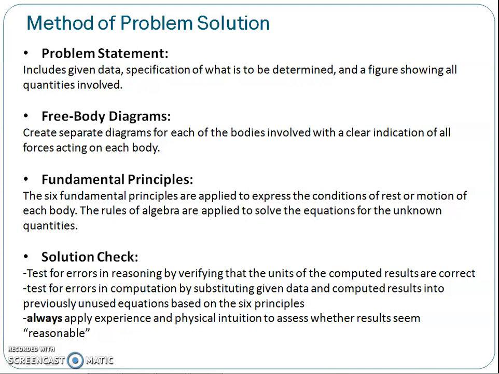We should always apply experience and physical intuition to assess whether the result seems reasonable or not. For example, it is not reasonable to have a time of hours for a particle to travel from point A to point B over a 6-meter distance.